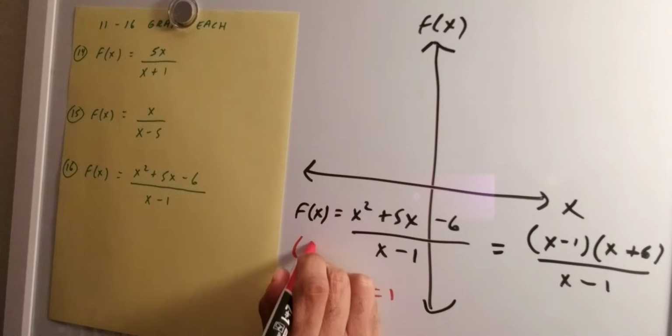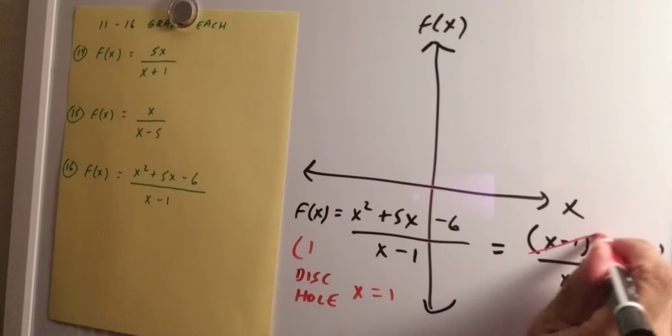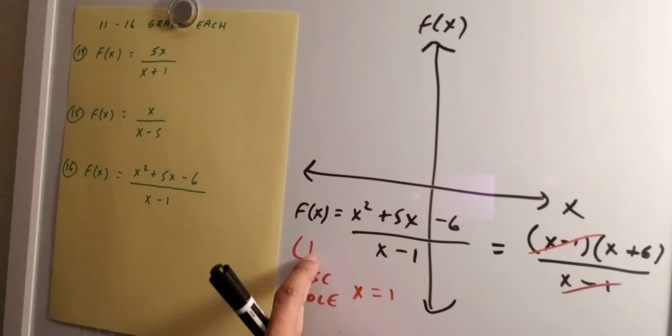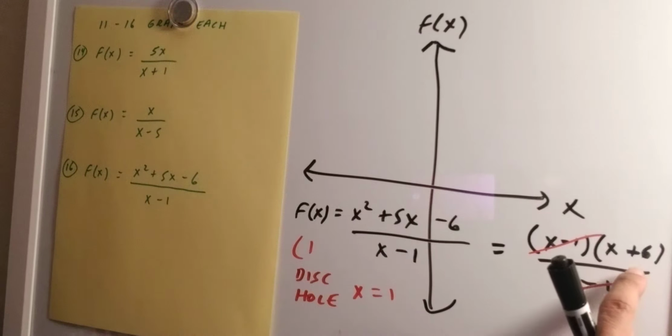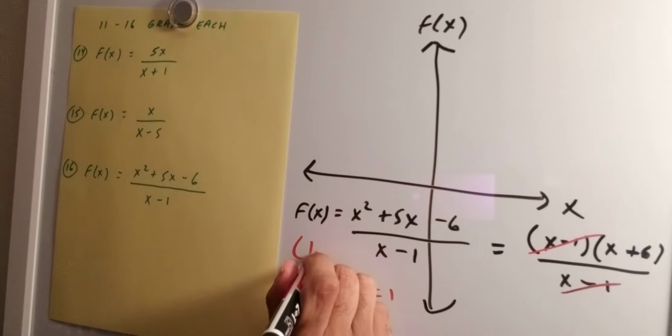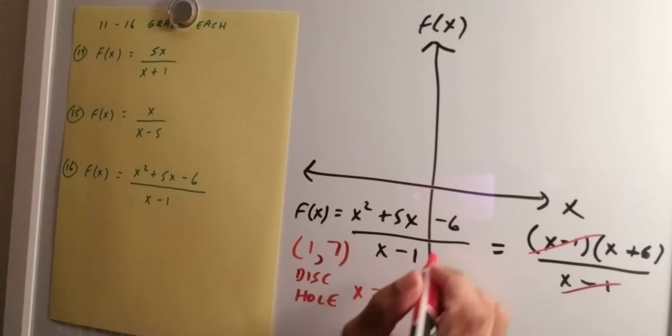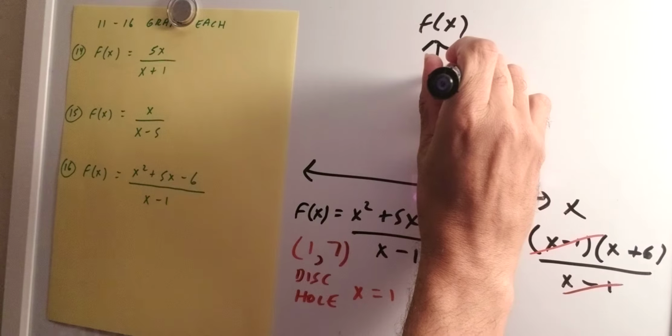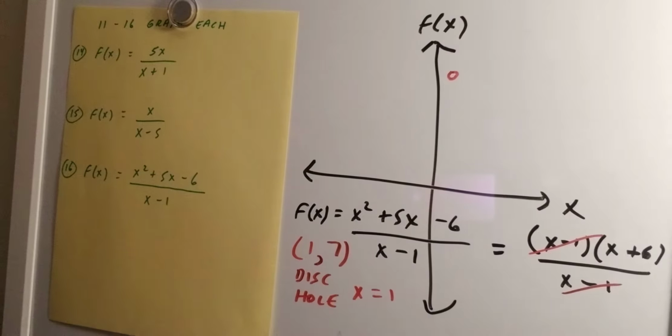We'll get that actual point by evaluating the simplified function x plus 6 at x equals 1. So 1 comma 7 is the location of the hole. Now, there is no vertical asymptote. Since there is no denominator, this function simplifies to the linear function x plus 6.